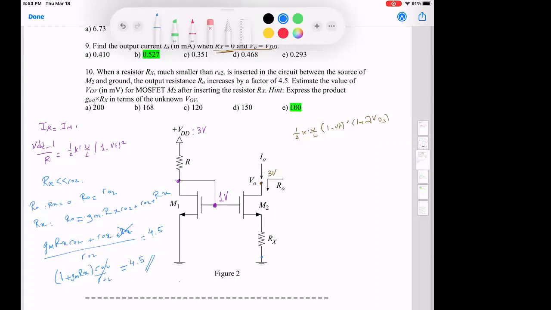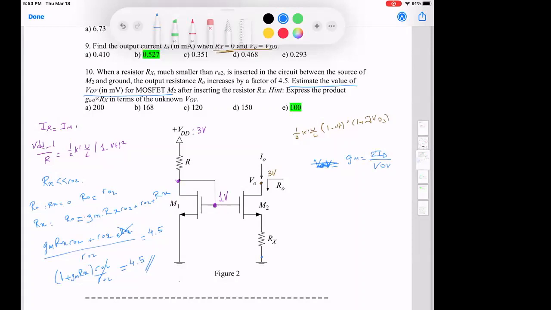Now he's saying we have this relation, and then he's asking us, in a twist, to estimate the value of VOV for the MOSFET M2 after inserting the resistor RX. Well, we know VOV. We have the relation that GM is 2ID over VOV, right?